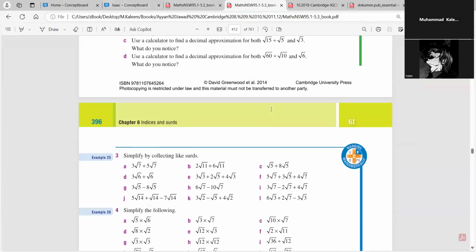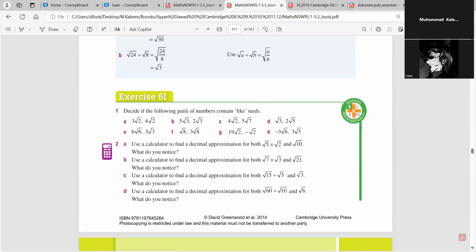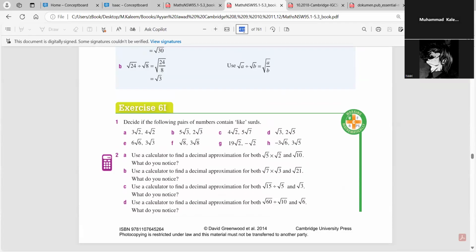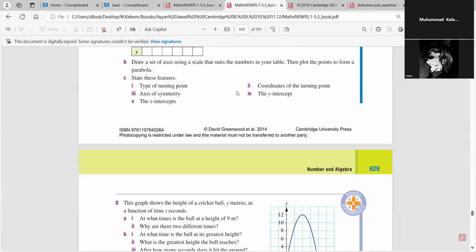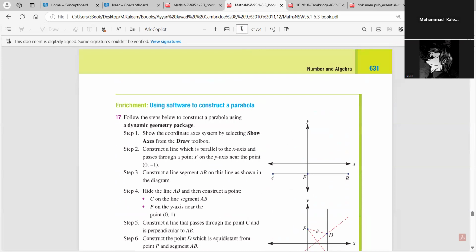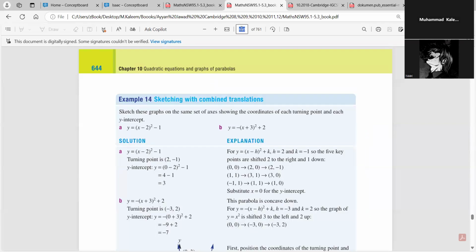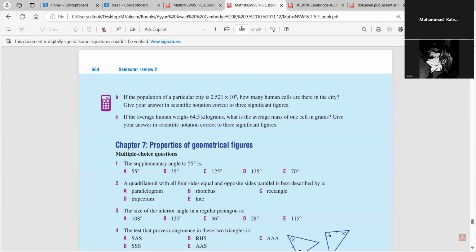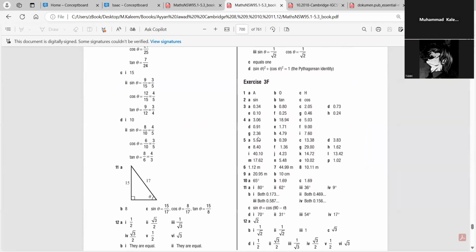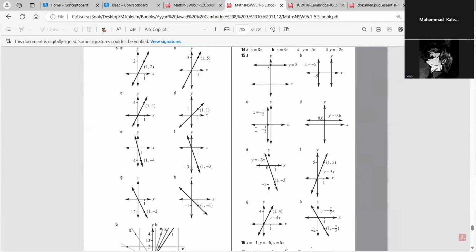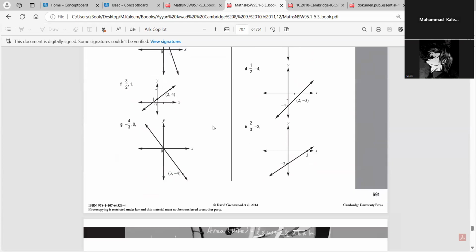Let me open the answer sheet as well. So this is 6i, 640, seven. Okay, it's obvious this one will be its answer.